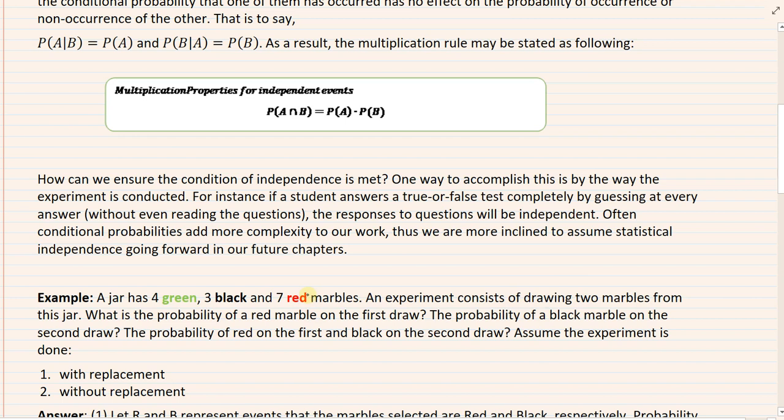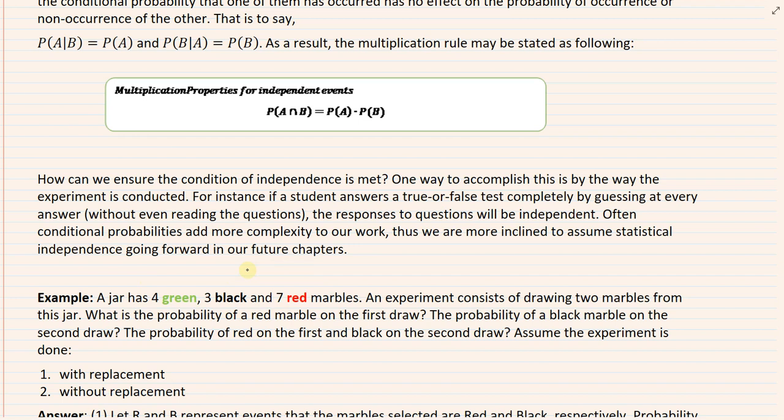First of all, probability of a red marble on the first draw: there are 7 red and 14 total, so that probability is 7 out of 14, 50-50, right? Because we are conducting the experiment with replacement, we put that marble back into the jar and then draw a second marble. So we have restored the jar to having 14 marbles, and the probability of a black marble is 3 out of 14.